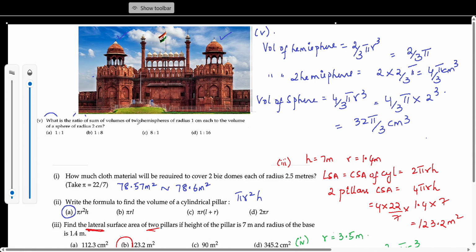They are asking the ratio of the sum of volumes of two hemispheres to this. So the ratio will be 4 by 3 pi divided by 32 by 3 pi. Basically, the 3s will get cancelled. Pi and pi will get cancelled. 4 by 32 when simplified gives 1:8. So this will be the answer. 1:8 will be the answer for the fifth subdivision.